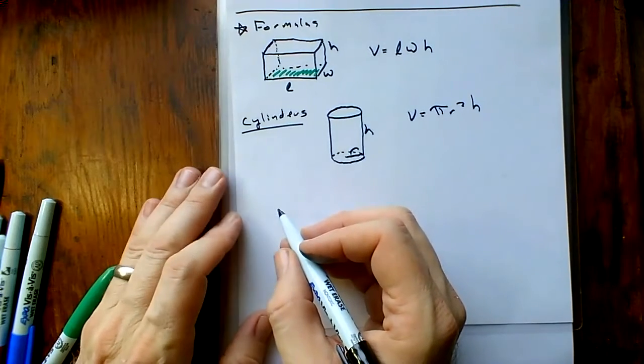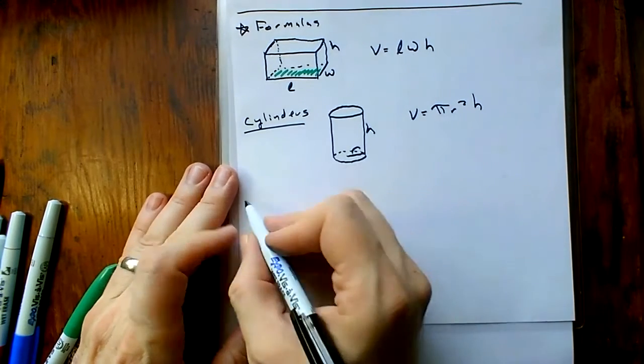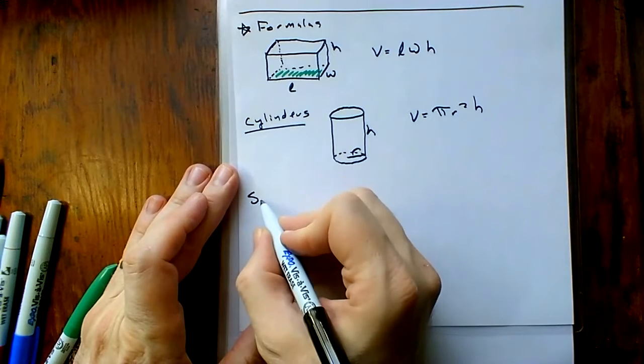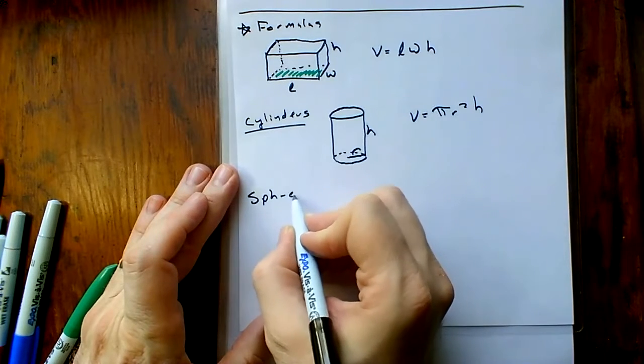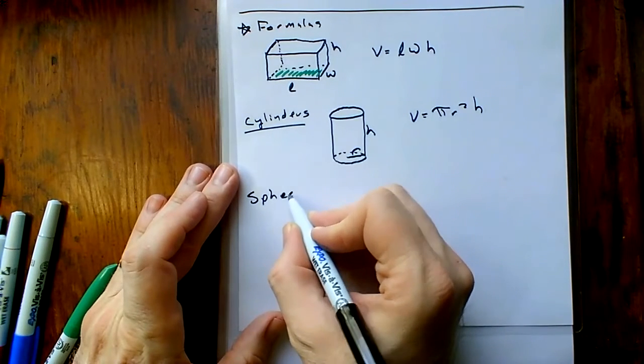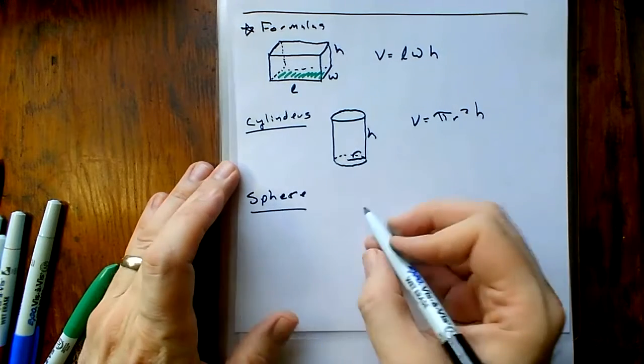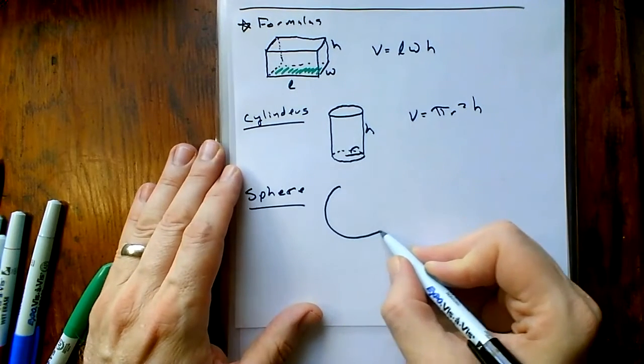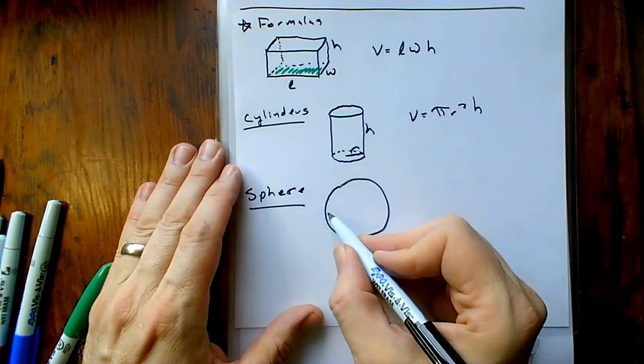There are other things that you're going to run into. A couple other shapes are things like spheres. A sphere, of course, is just a 3D circle.